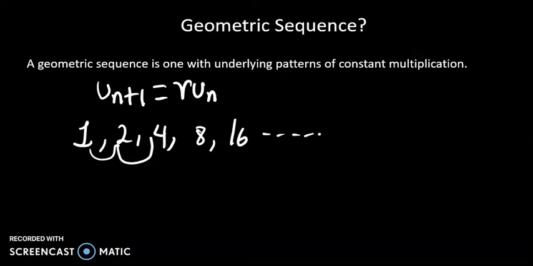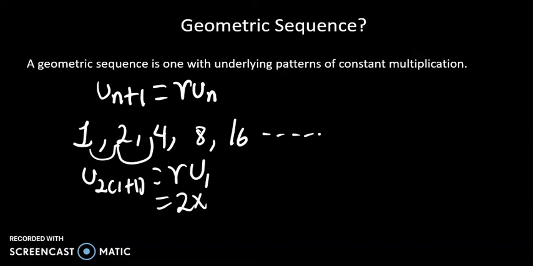So let's say you want to find u2. u2 is u(1+1), so u1 becomes 1. For the second term, I had to multiply my first term by the constant ratio, which is 2. So 2 times u1, that's 1, gives me 2.